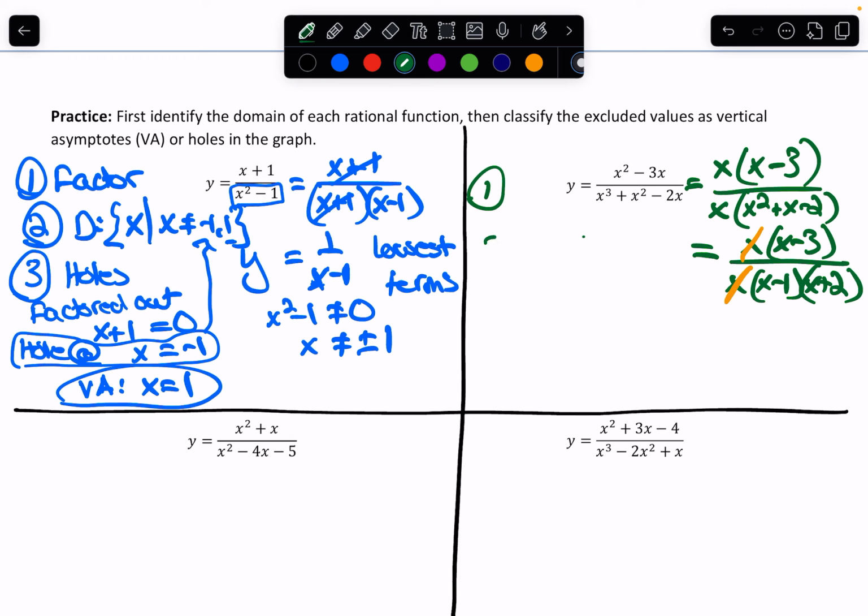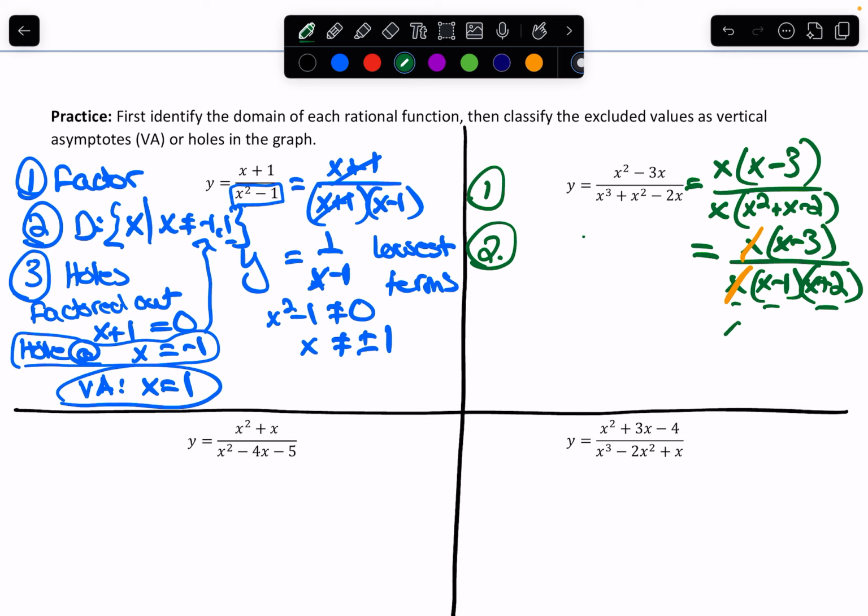Our step 2 is going to be looking at the domain. So now our domain, again, means that whatever values we've got here in the denominator, none of those can equal 0.